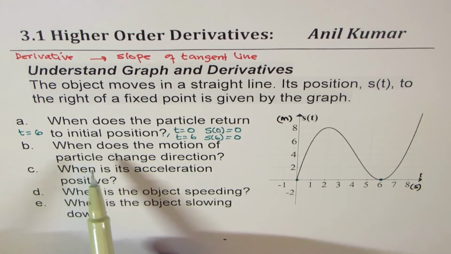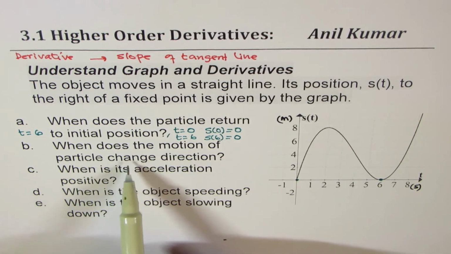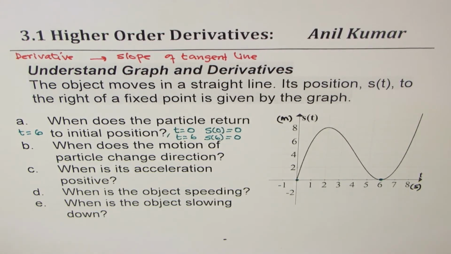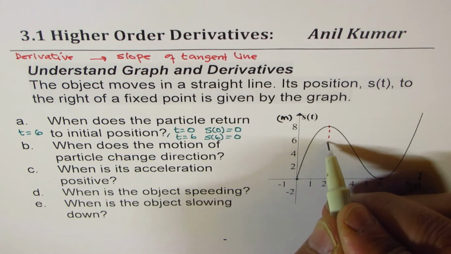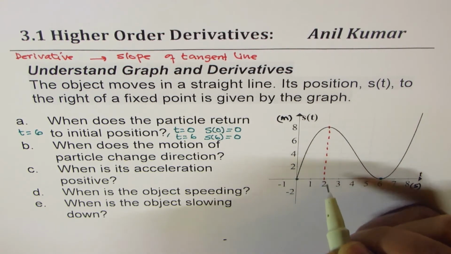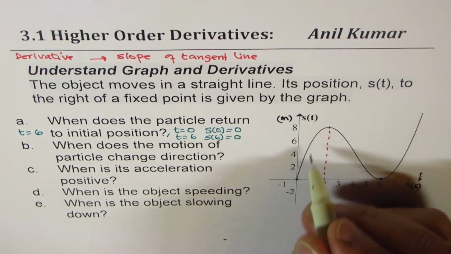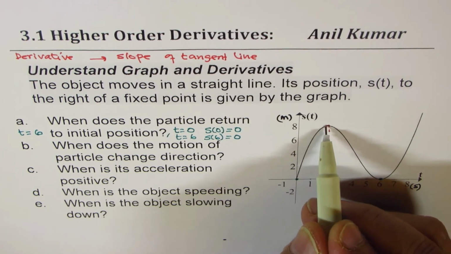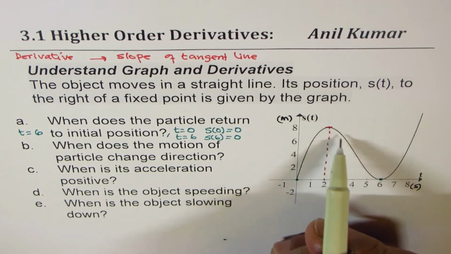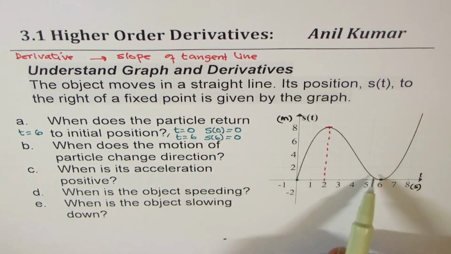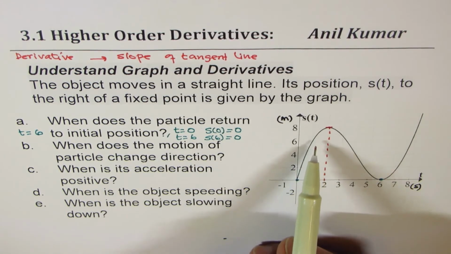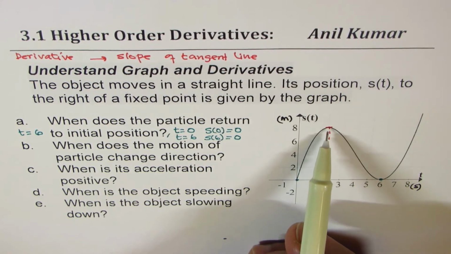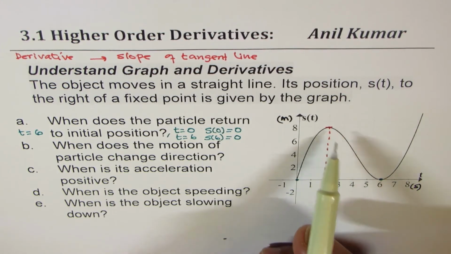Question B is, when does the motion of the particle change direction? Now initially the particle is moving away, as you can see here, from 1 to 2 till this position. Displacement is increasing. So at 2, displacement starts decreasing. So this is the point when the direction changes. So it goes from moving away to coming closer. So that is one point.